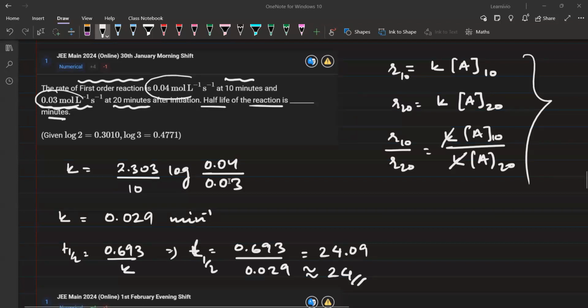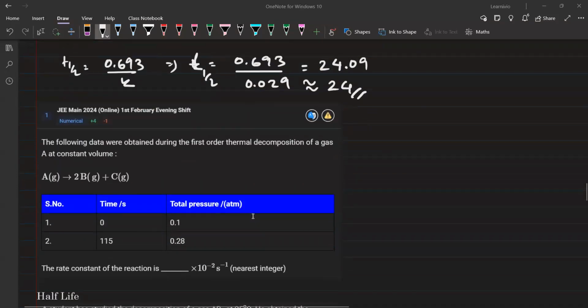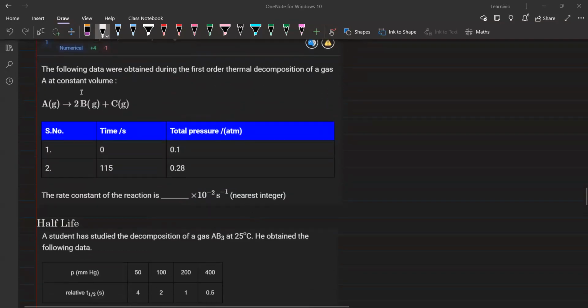Anyone still writing? Should we try this?